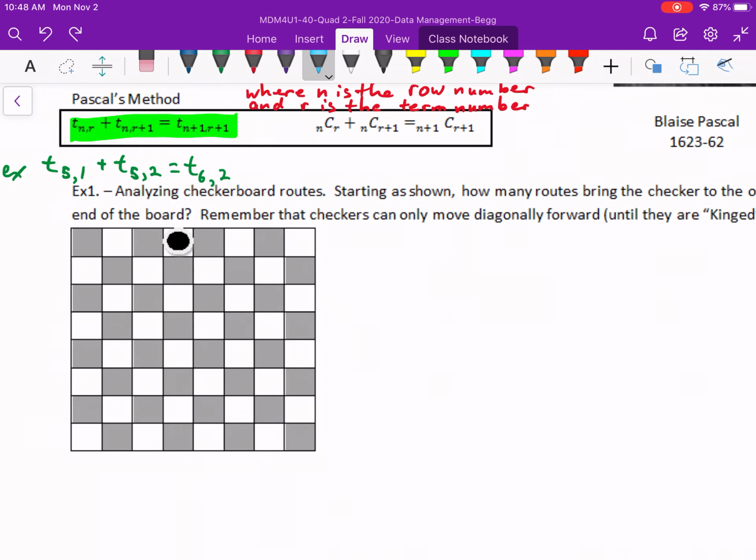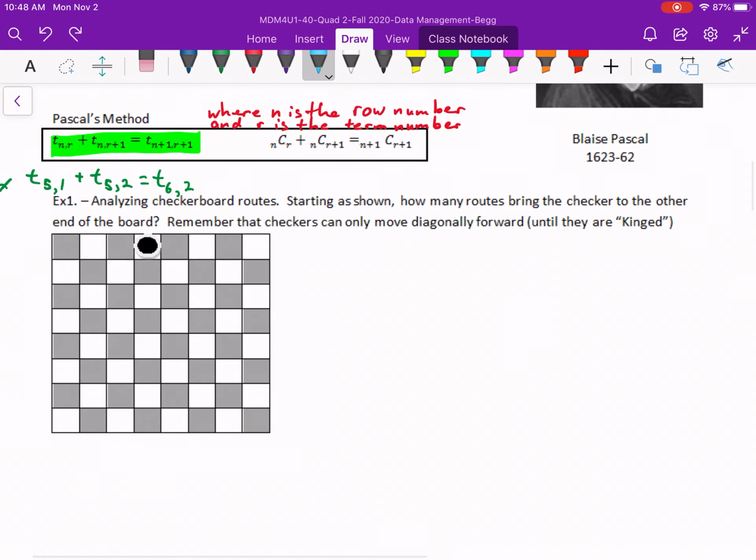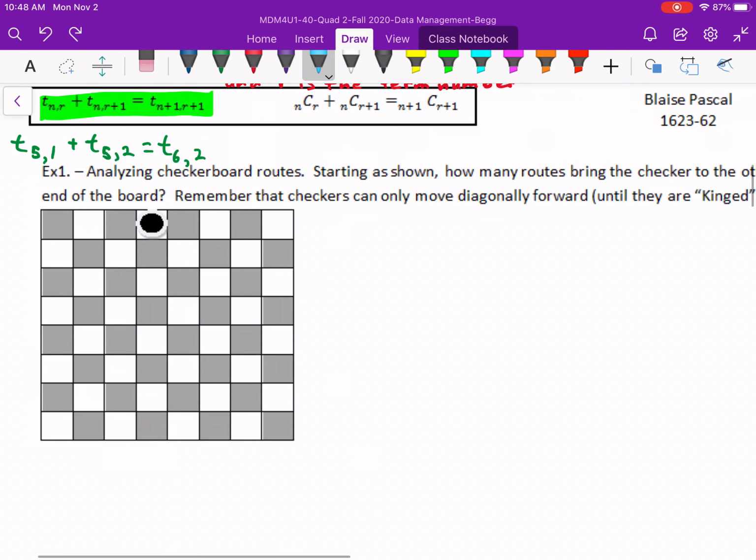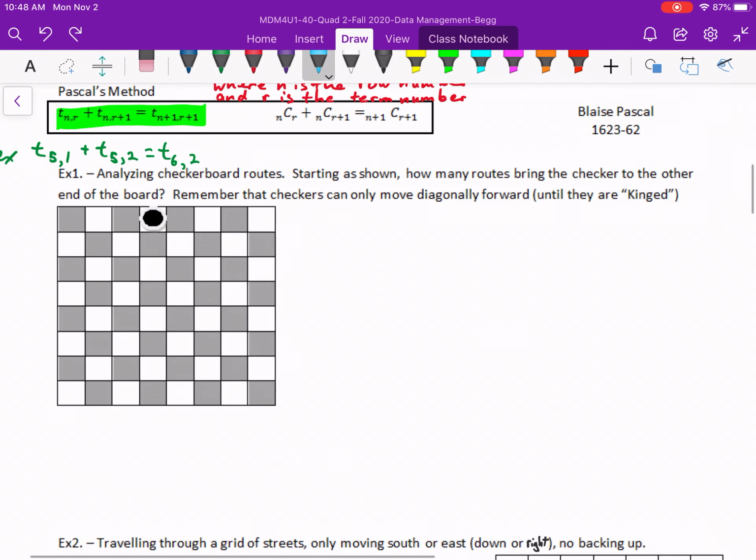So the next idea: there are certain applications that we can use Pascal's triangle for, such as analyzing the number of routes. If you think of a checkerboard, getting from one side of the board to the other, there's a certain number of ways it can go. Checkers can only move diagonally forward.